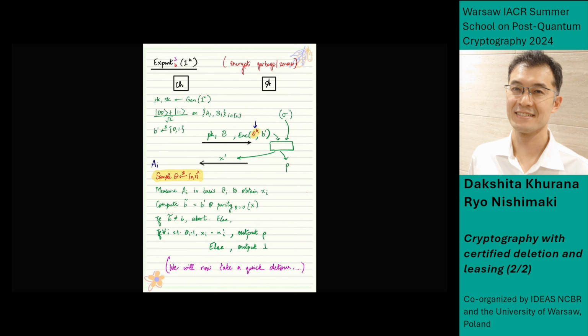Now we consider the third experiment, which is basically the same as the previous experiment. However, we encrypt zero padding and b prime instead of theta and b prime. This is the third experiment.